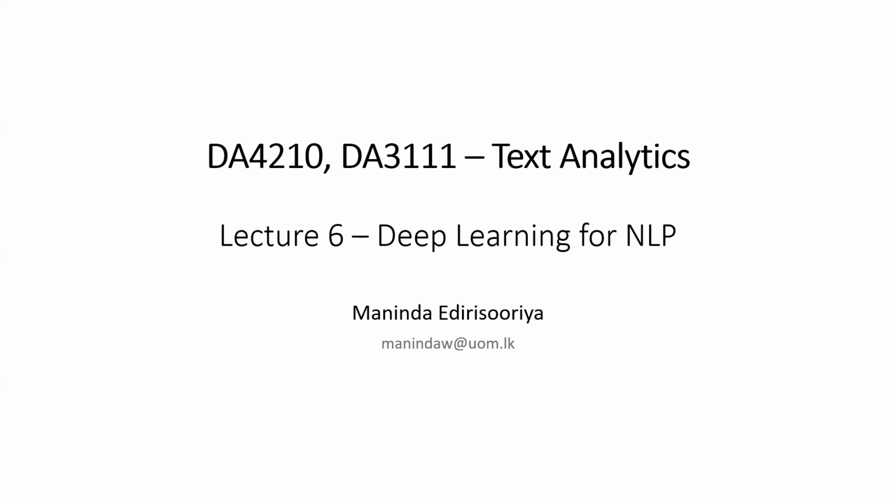Hi. So today we are going to discuss how deep learning technologies are applied with natural language processing. Because in natural language processing, the conventional techniques that we learn throughout the subject are mainly relevant to a kind of symbolic AI.